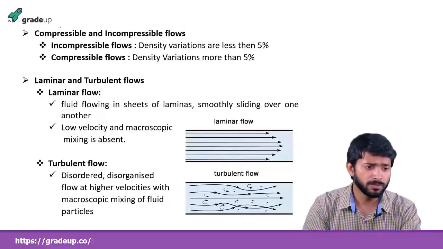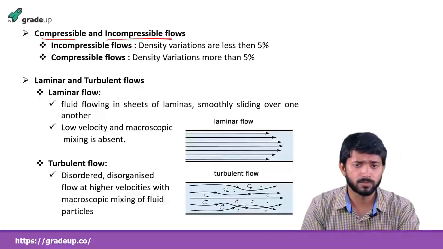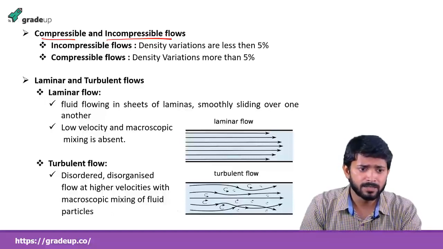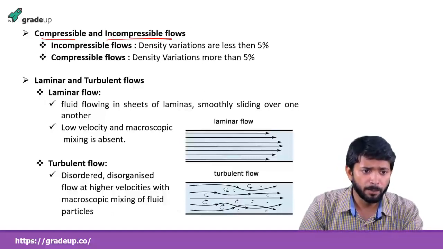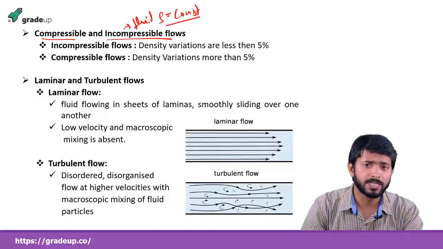Now moving on, the next type is compressible and incompressible flows. Everyone knows compressible and incompressible fluid. If we talk about an incompressible fluid, the density is constant, that means density is not varying.